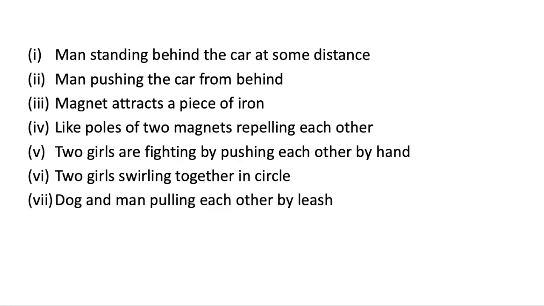Dog and man pulling each other by leash. Dog and man interact with each other through the leash by pulling each other through the rope by muscular force of the hand. They move in the same direction, hence changing the state of motion of the objects involved.